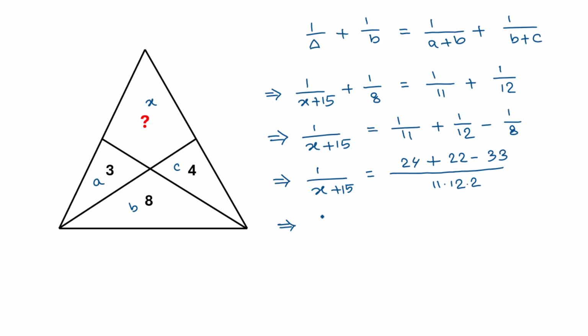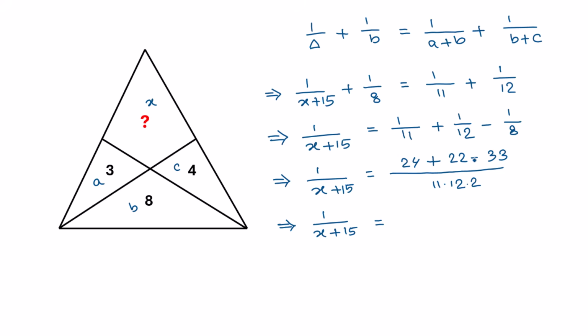So the left side, 1 over x plus 15, is equal to 24 plus 22 minus 33.